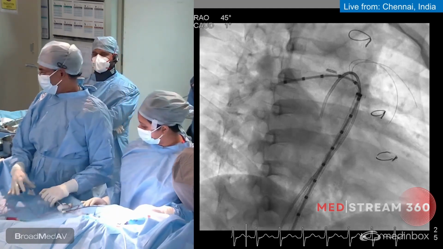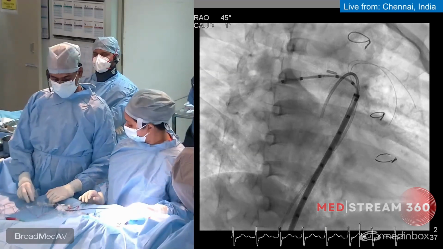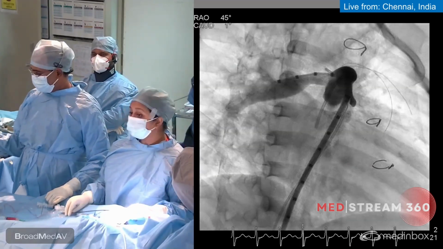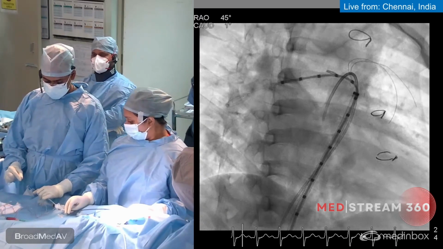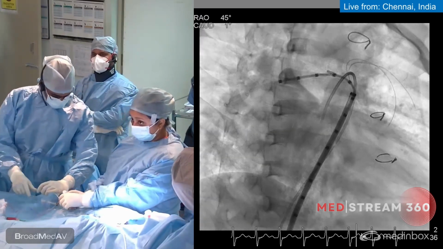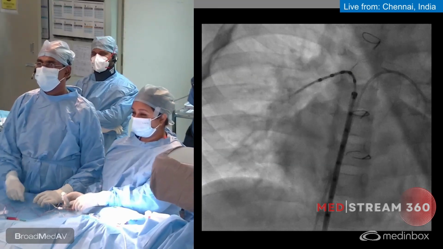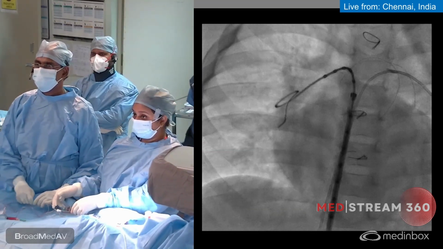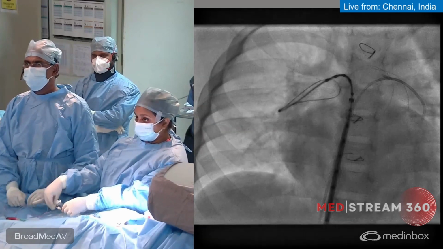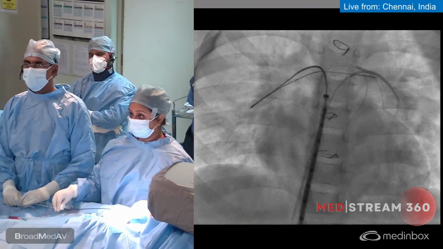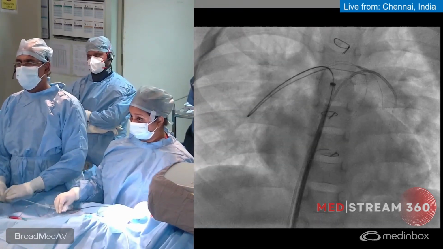So right now what we'll do is, let us get the Terumo wire. We'll go deep into the right lung. Come to AP projection, please. So I'm taking out this marker pigtail.